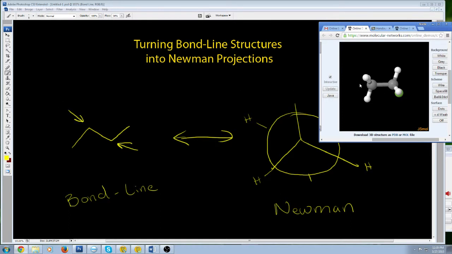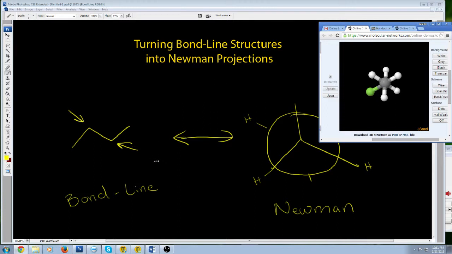If we're going from left to right, we're going to be turning the atom towards us, and as you can see, the fluorine is going to be on your left side. So just keep that in mind. When you're going left to right, it's going to be on your left side.